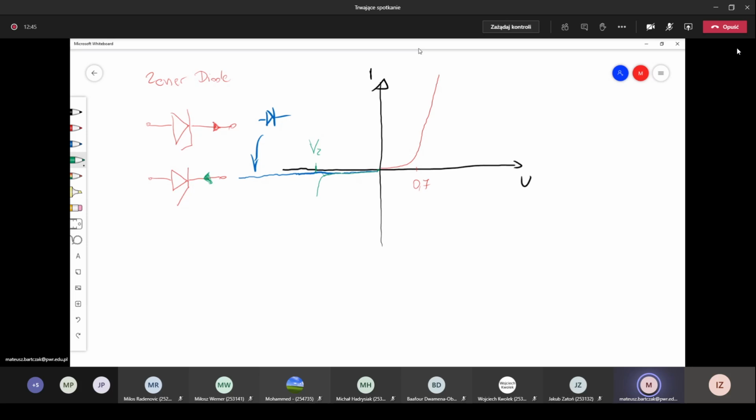And then it will start to conduct. So this is the characteristic for the Zener diode.